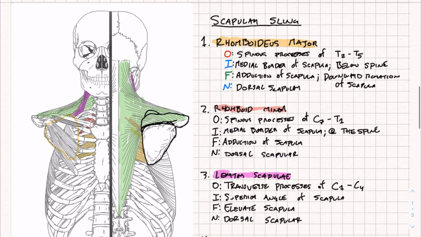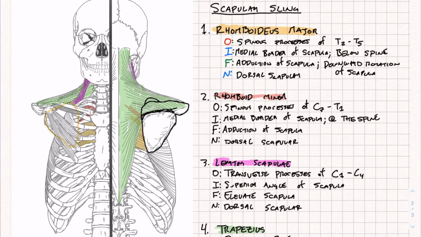It's the superior nuchal line or external occipital protuberance. But just remember, it's coming from that occipital bone. You don't need to know the exact details. Just if you see external occipital protuberance or superior nuchal line, that's all referring to the occipital bone of the head.